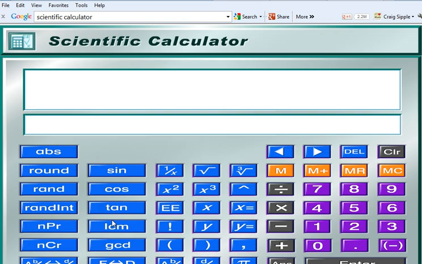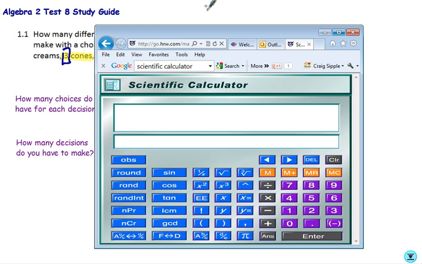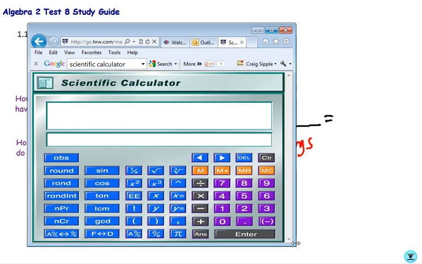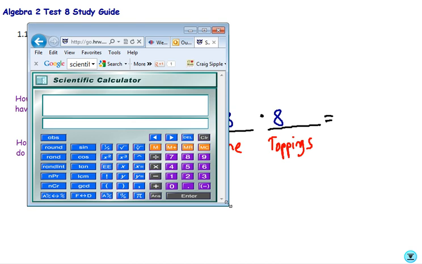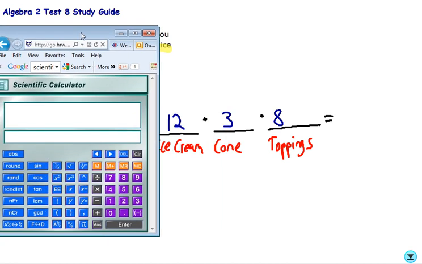If you click on the first link, it'll pull that calculator up. You can minimize it, change the size of it so it's not all in the way, so maybe move that out of the way a little bit, because we're going to use this calculator for a couple different things as we go throughout this study guide.